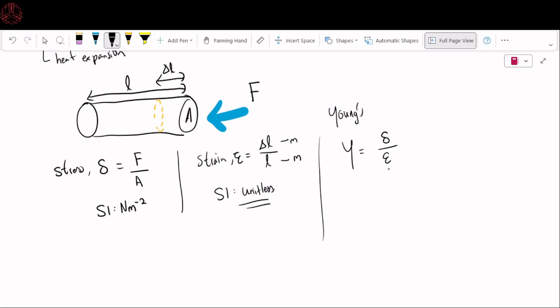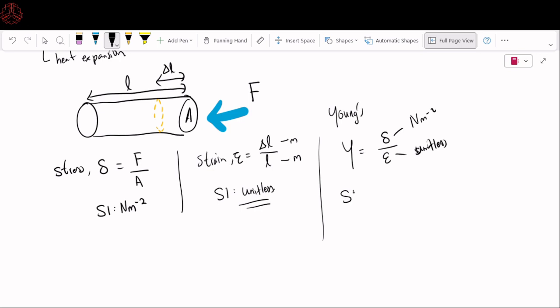It is some constant that relates between stress and strain. And this Young's modulus will depend on the material, density, and so on and so forth. As you can see here, the stress has units of newtons per meter square, and the strain is going to be unitless.